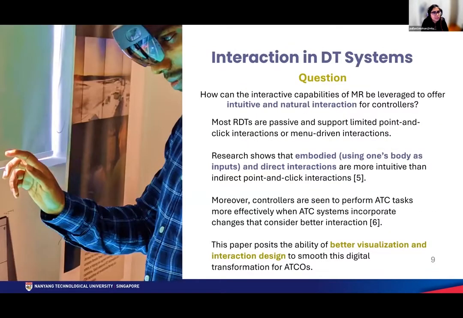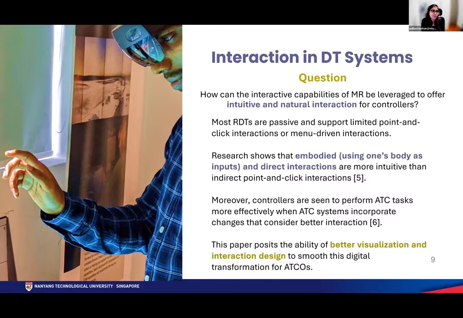So with these possibilities in mind, this is another question that we ask ourselves. How can the interaction capabilities of a platform like mixed reality be used to offer a natural and interactive experience for controllers? Can we alleviate the unfamiliarity that comes with a novel digital platform for air traffic control?